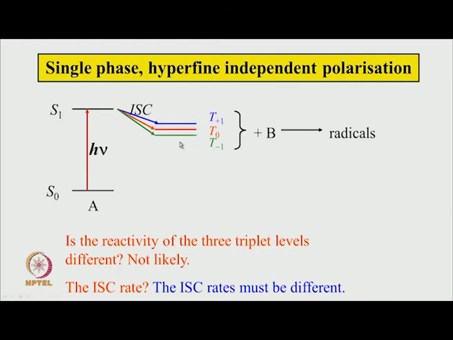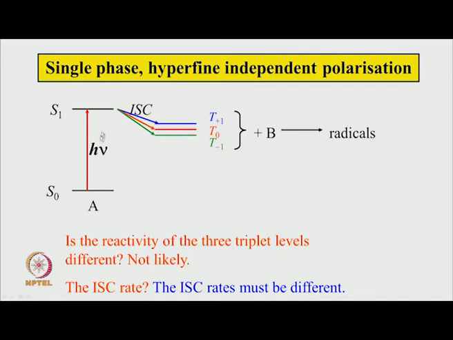Here I have shown the 3 triplet levels. Since the experiments are carried out in the spectrometer in the presence of a magnetic field, one could write that the triplet state also will experience Zeeman interaction, and T1, T0, T minus 1 will be 3 Zeeman split lines of the triplet level.